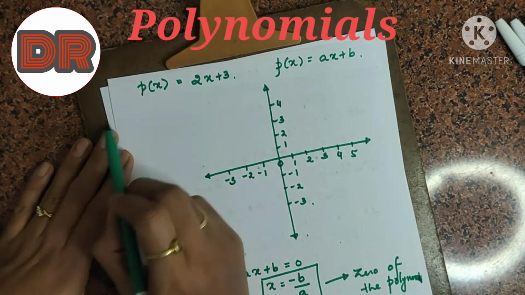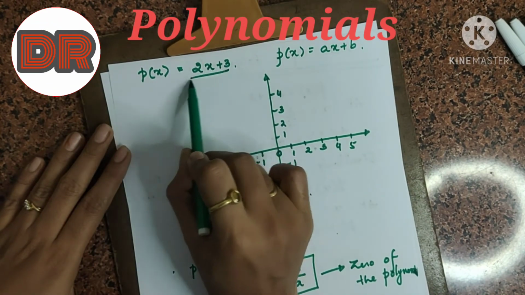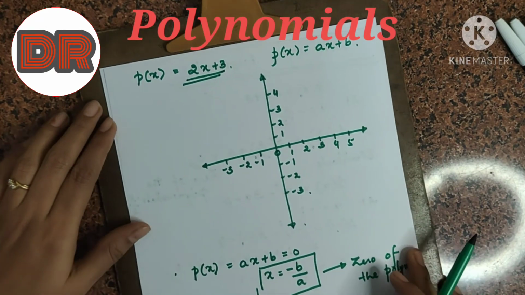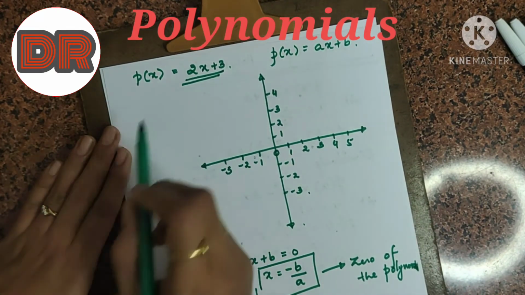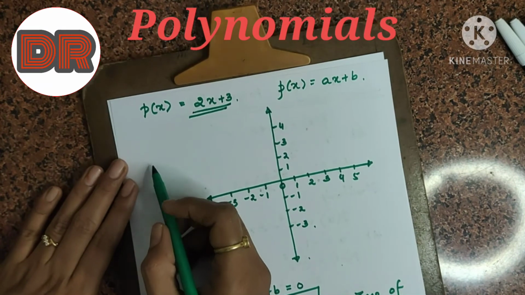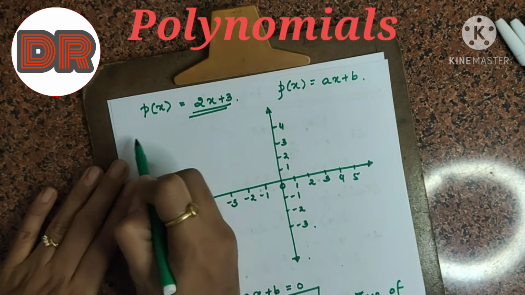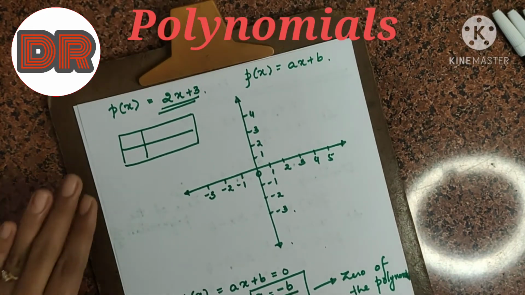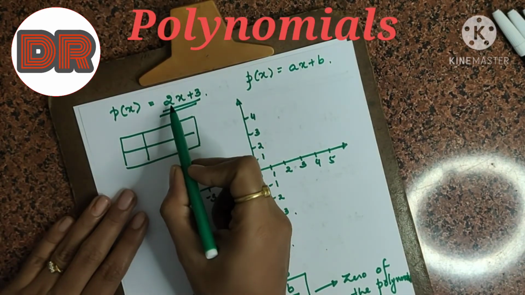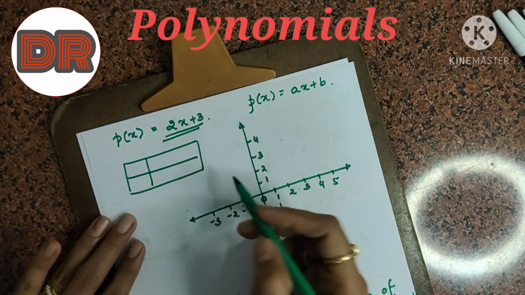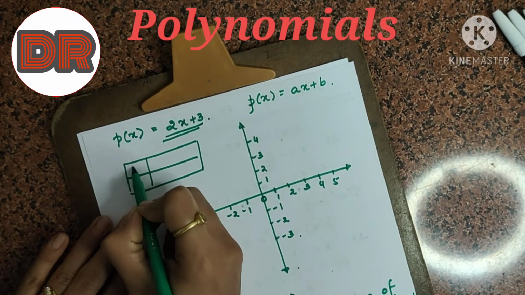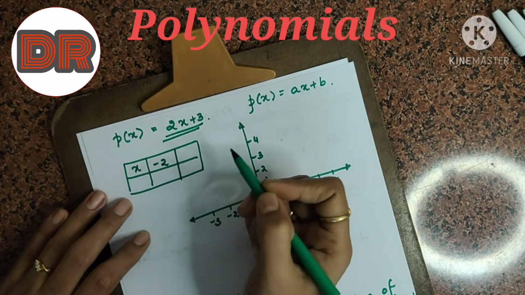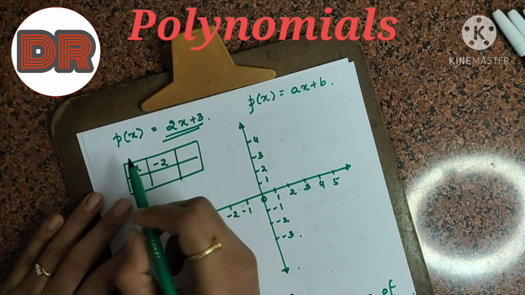To plot this polynomial in the graph, or to write the geometrical representation of this equation, let us take a few points. We need x and y values. Let me take the x value as -2. You can take any value to plot the graph.